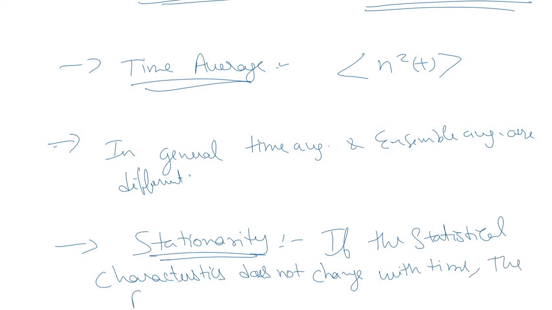The random process is stationary when the statistical characteristics do not change with time.